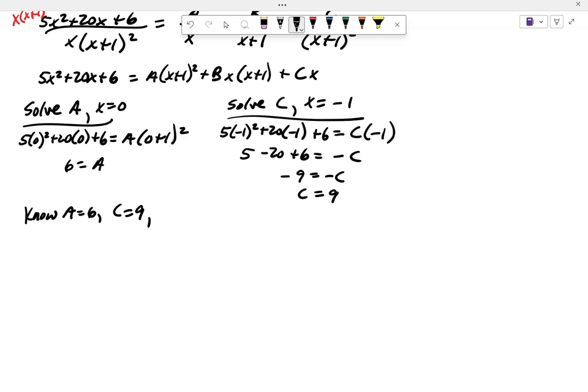So now it's not a problem even though there's no convenient value for x. So I could just pick any x that I want. So let's just pick x being 1 and it'll work for us because I'll just be down to B.